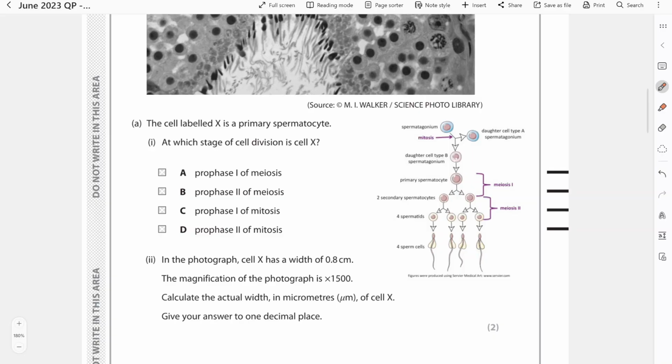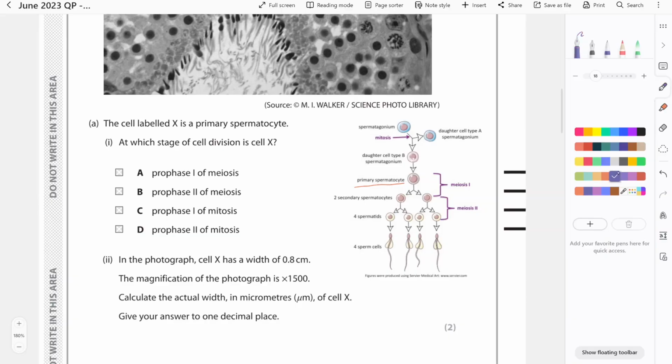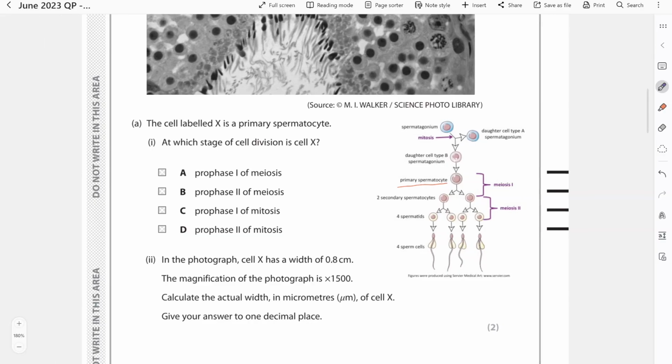At first, the spermatogonium undergo mitosis, and then it starts to form the primary spermatocyte. So that's when it starts to undergo meiosis 1, and then when it forms your secondary spermatocyte, that's when it's undergoing meiosis 2. So the answer for this would be A, prophase 1 of meiosis.